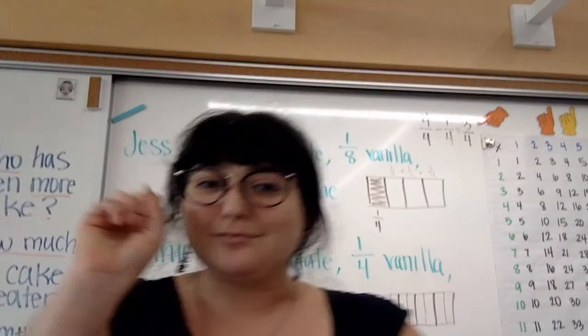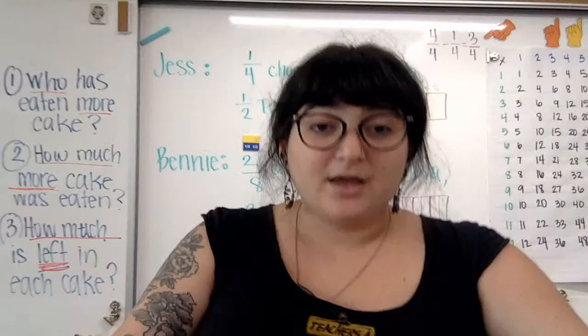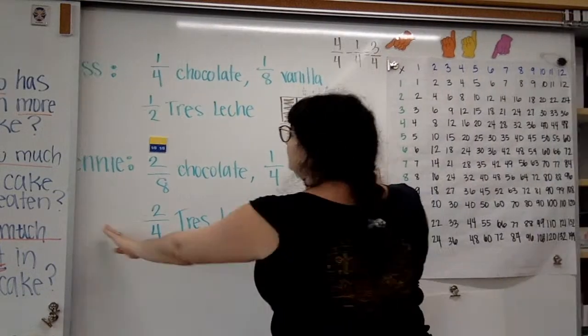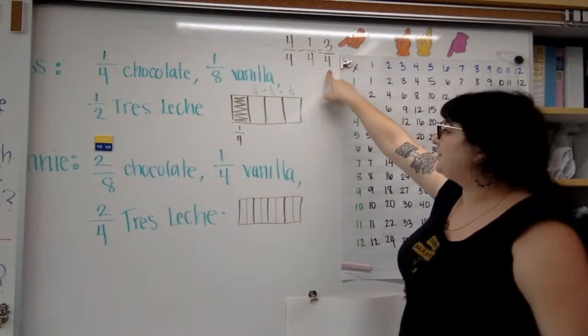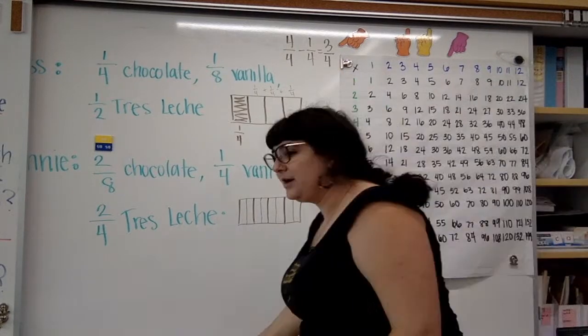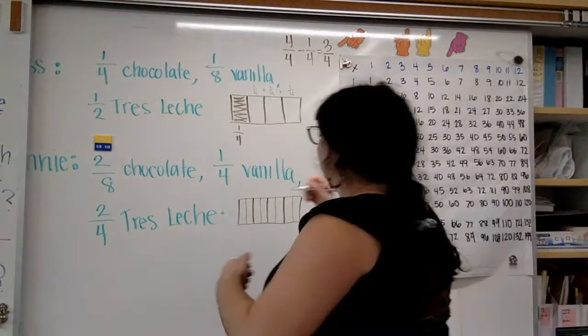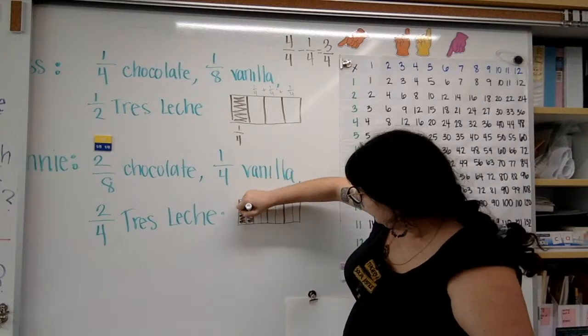Now, being the really diligent mathematician that I am, I was keeping track of how much cake I had left over. Well, if I know that 2/8 is equivalent to 1/4, right?